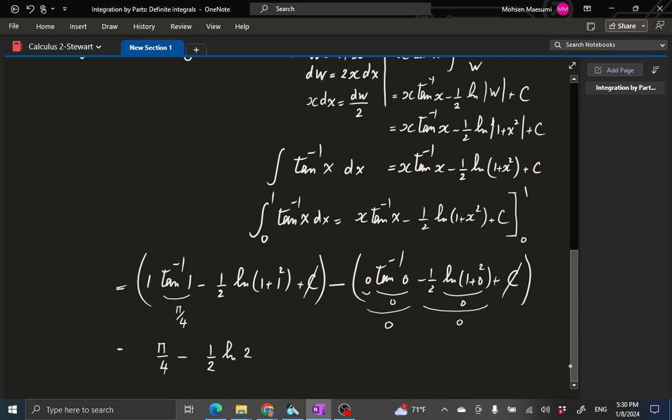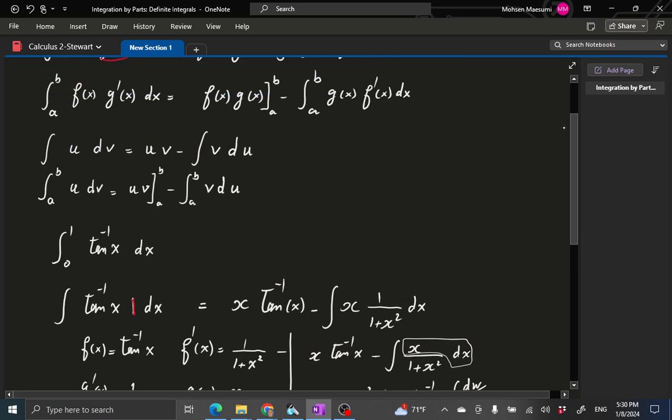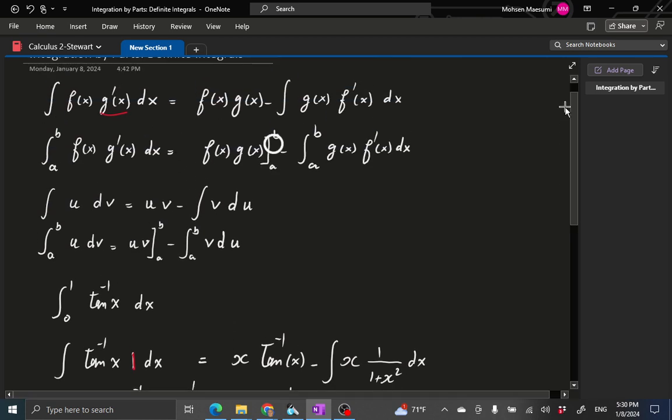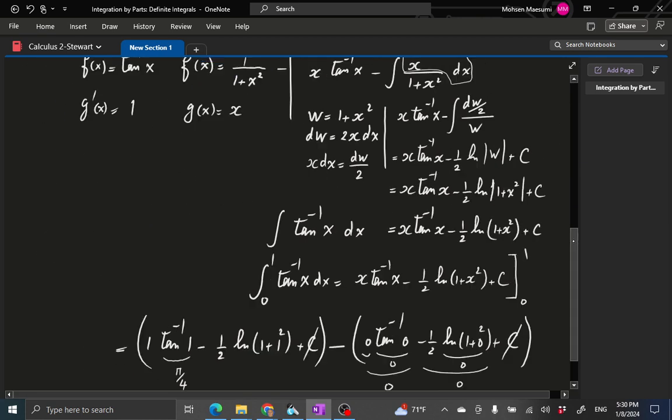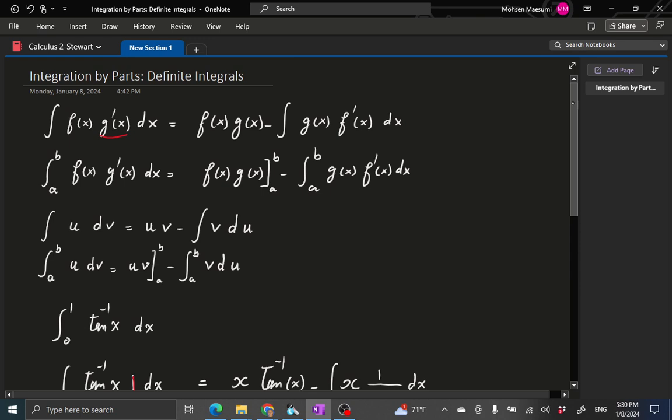Now you can apply these limits 0 and 1 to individual pieces or to the whole thing. Either way is fine. So when we write it from A to B and then another one from A to B, that is simply doing the same thing to all the functions that are inside.